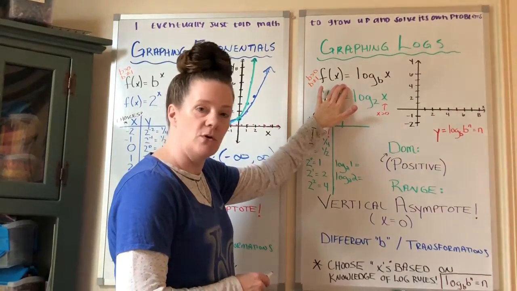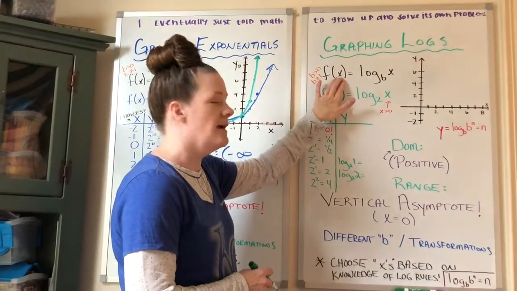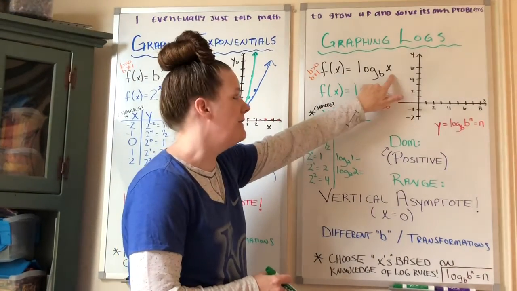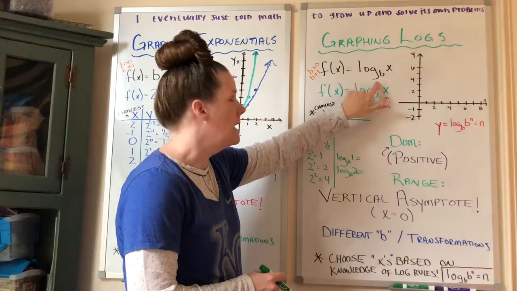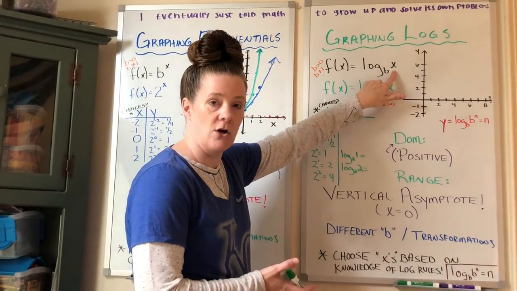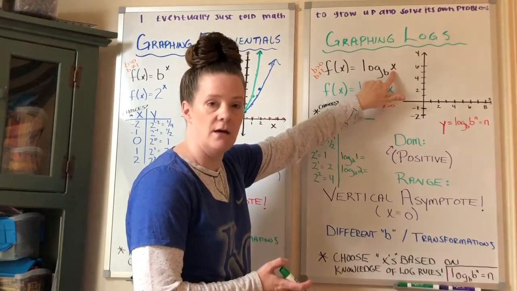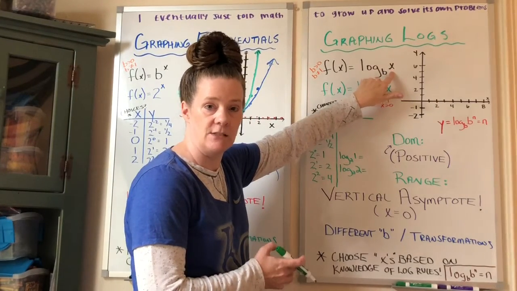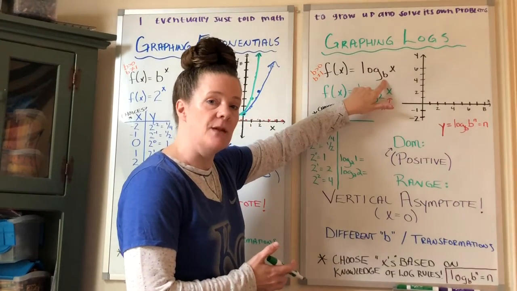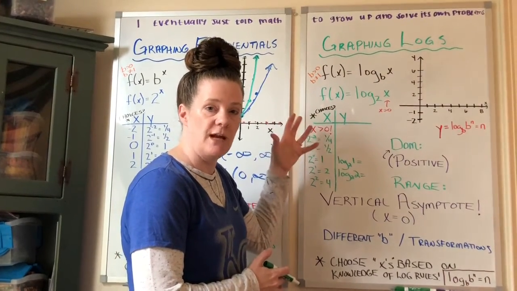So this is a typical logarithmic function. We have f of x, or y, equals the log of x to the base b. Where the x is, that's the argument of the log, and x is our independent variable. Those are where we're going to select some x's and stick them right there. B, again, is just some number, and similar to the exponential, we have restrictions.